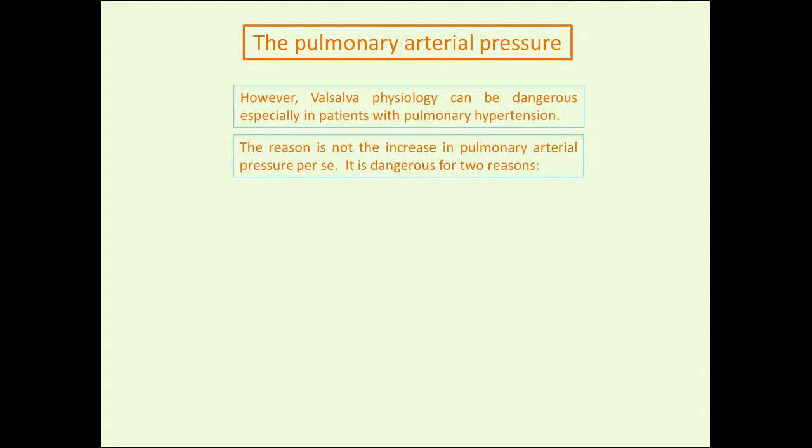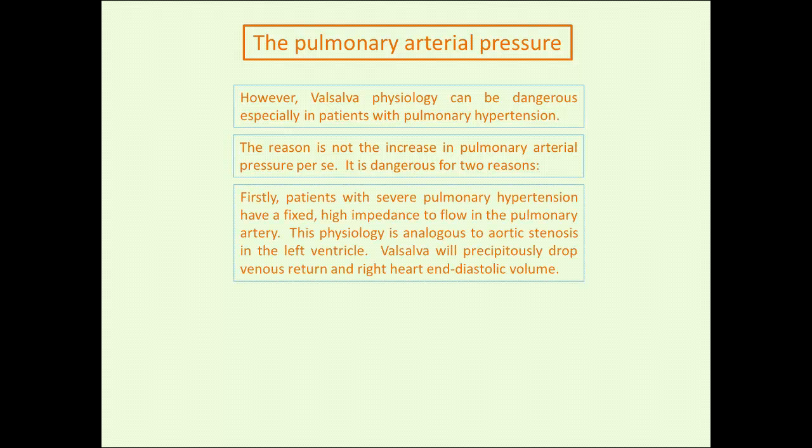The reason is that the increase in intrathoracic pressure is not the increase in pulmonary arterial pressure. It is dangerous in patients with pulmonary hypertension for two reasons. First, patients with severe pulmonary hypertension have a fixed high impedance to flow in the pulmonary artery. So this physiology kind of mimics aortic stenosis on the left side.